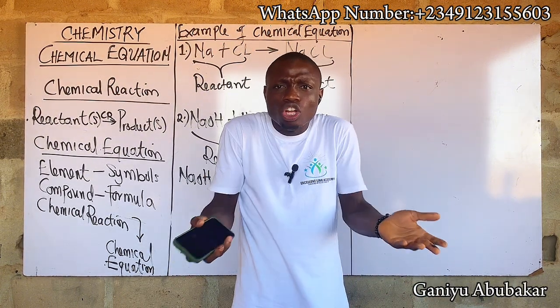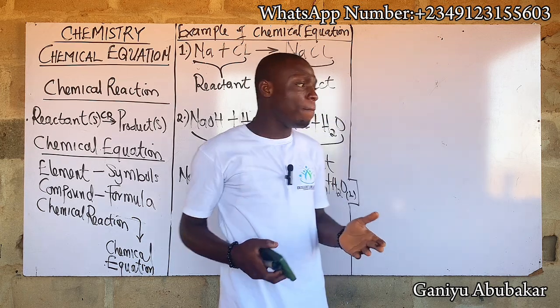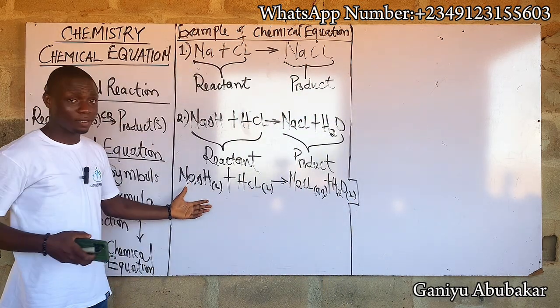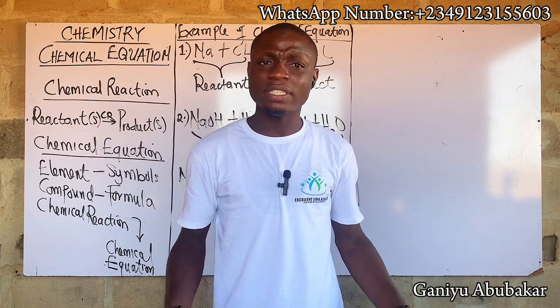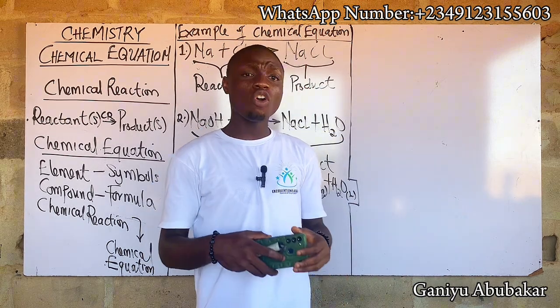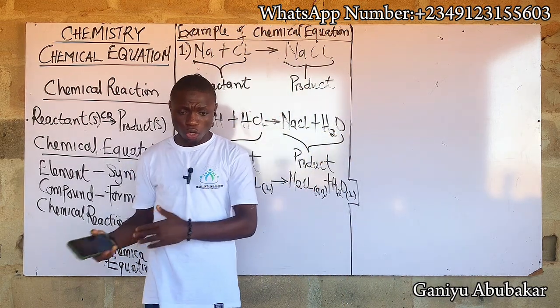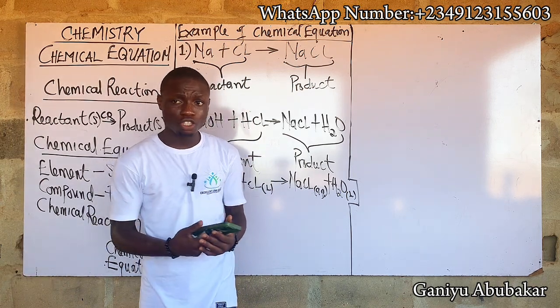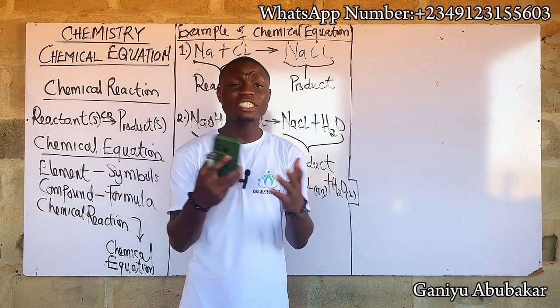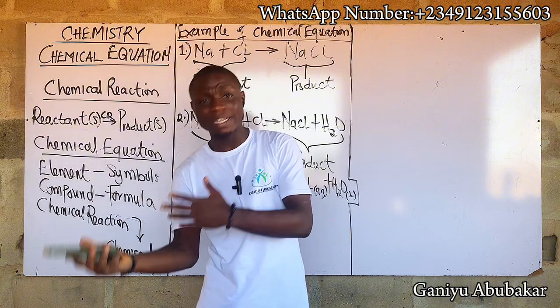Why is this so? To tell us the kind of formula we're actually dealing with. So the state of matter tells you what you are dealing with. That's the concept. So when it comes to chemical equation, we can represent via subscript, by showing the state of matter.